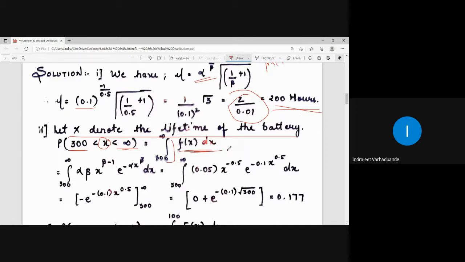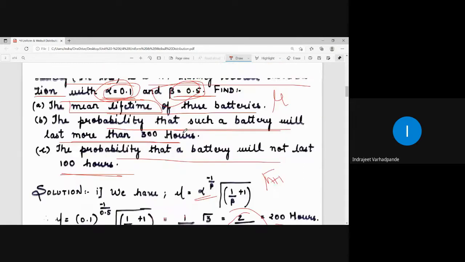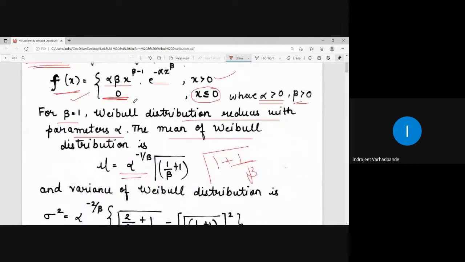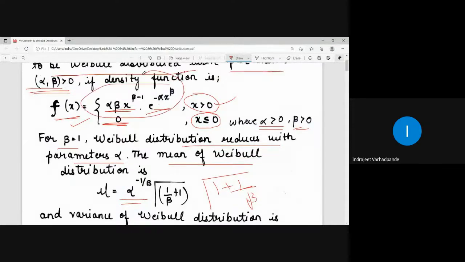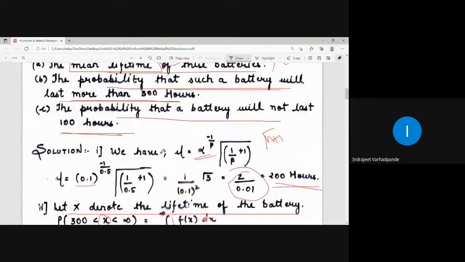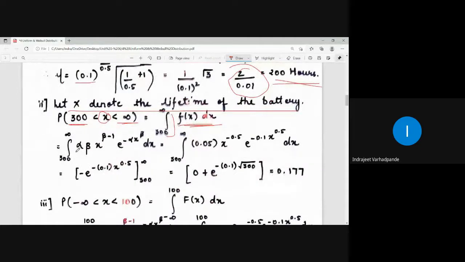Now what is the formula for the Weibull distribution? Alpha into beta into x to the power beta minus 1, for x greater than 0, e to the power minus alpha into x to the power beta. So I am using the formula alpha into beta into x to the power beta minus 1, e to the power minus alpha into x to the power beta dx.